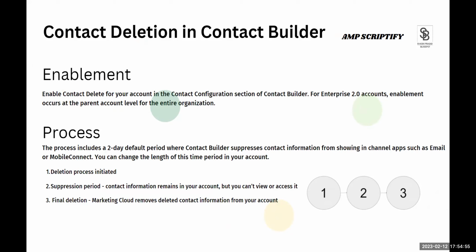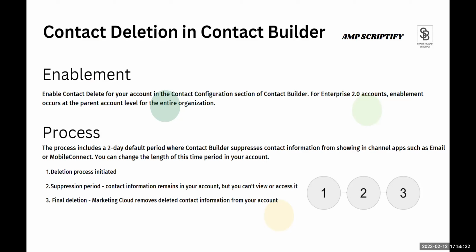So here what you do is you start the initiation of the deletion process, and then it goes to the suppression period. Once it goes through the suppression period, it goes to the final deletion, and then you can monitor it. Once the deletion is done, I'll show you in Contact Analytics how you can monitor if you're doing a bulk of contact deletions.